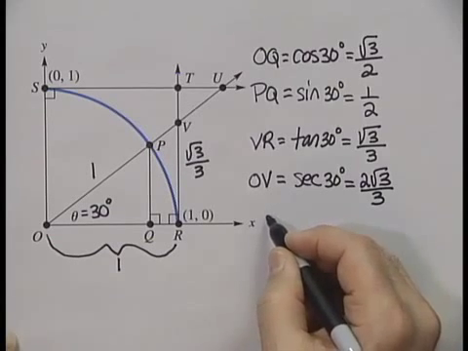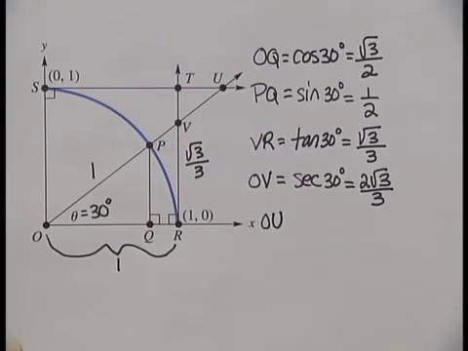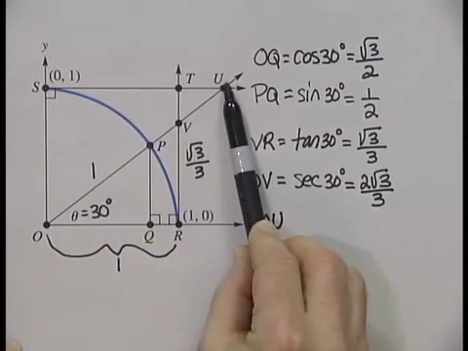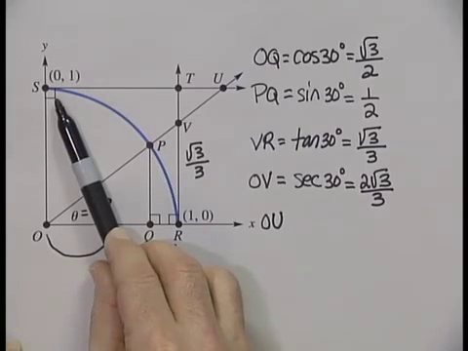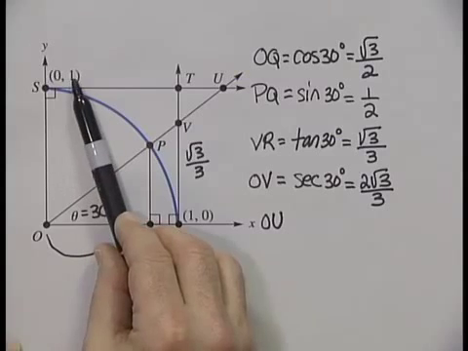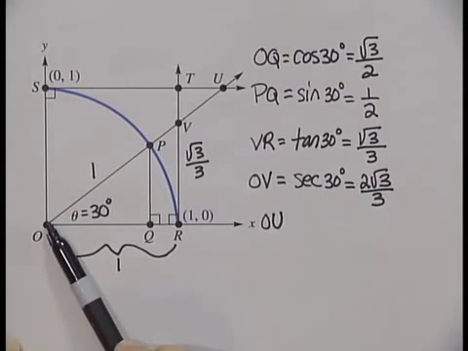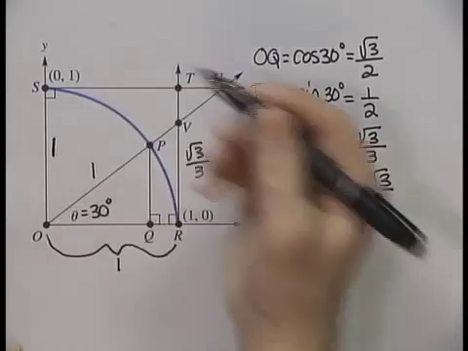Next, let's find OU. To do that, we have to use a different triangle than we've used already. We need to use triangle OSU, which is this triangle here. It's still a right triangle, as we can see the right angle symbol here. And what we know is that this point is (0, 1), and that means the length O to S is equal to 1.